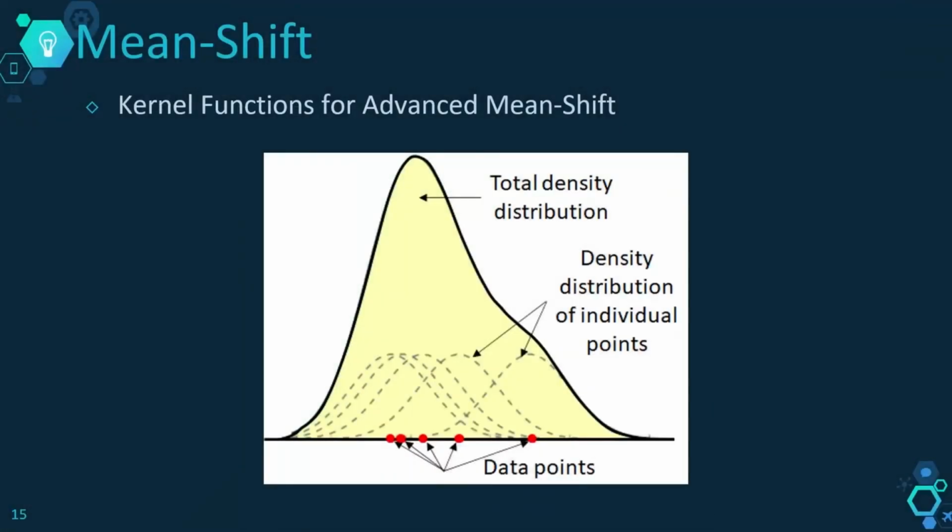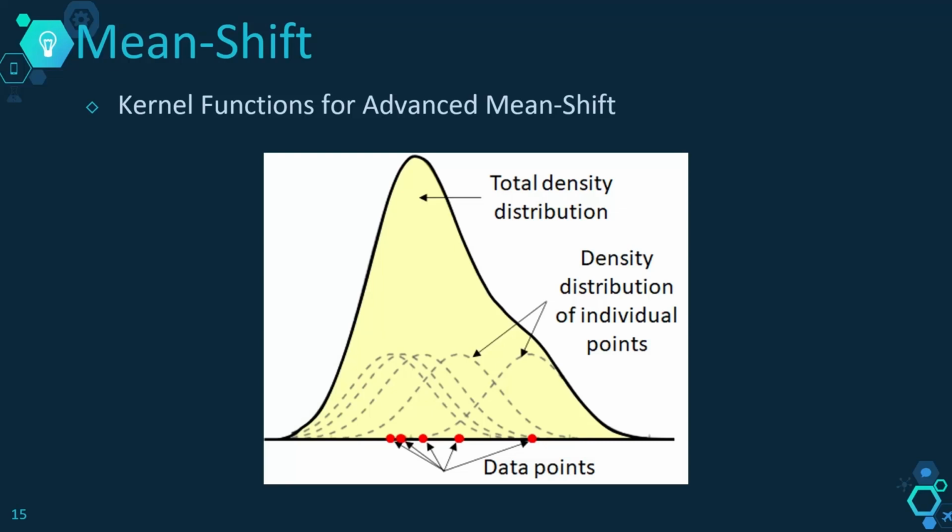In more advanced implementations of mean shift, people add kernel functions that we learned about before. So with kernel functions, instead of getting the center of the data points by just taking the average, which is a very simple way, another way is to do it based on the total density.